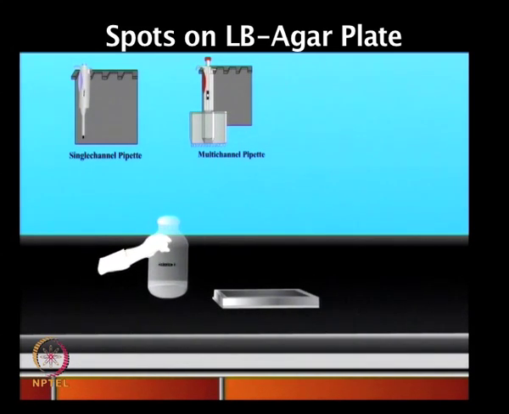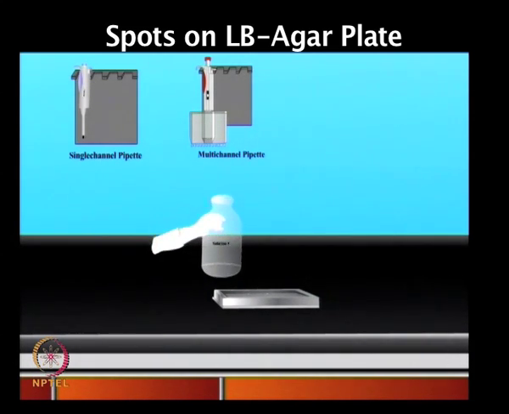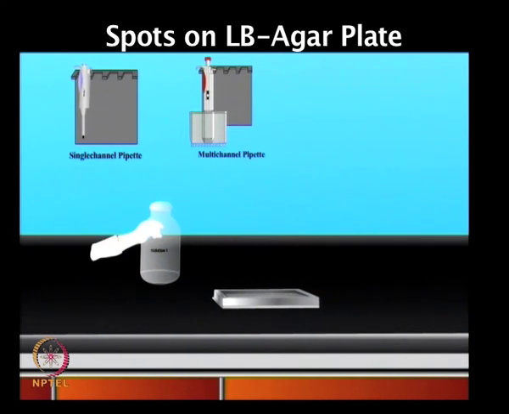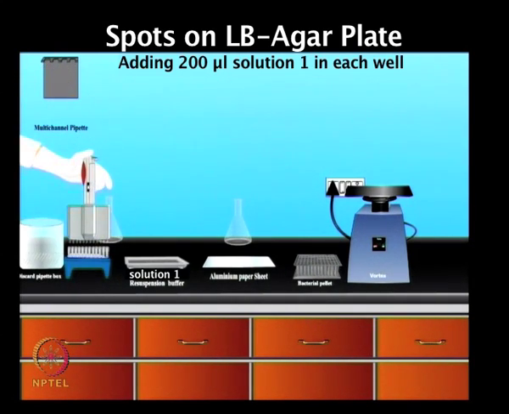Remember your basic molecular biology: you need to prepare solutions 1, 2 and 3 for doing the plasmid preparation. Add 200 microliters of solution 1, which is the resuspension buffer that contains 50 millimolar Tris at pH 8, 10 millimolar EDTA and 0.1 mg per ml of ribonuclease.